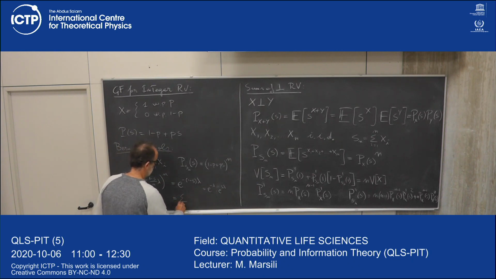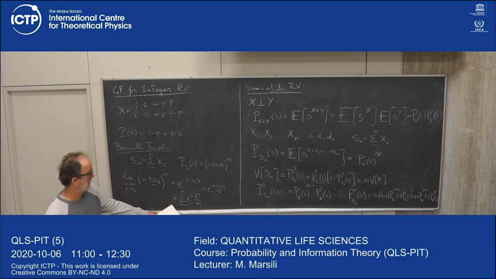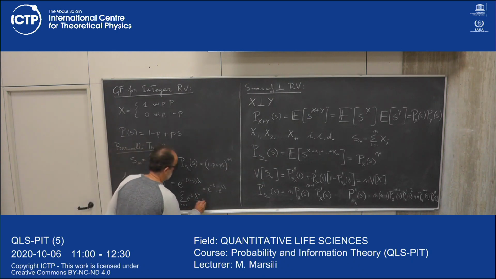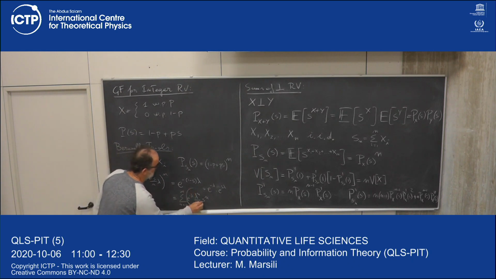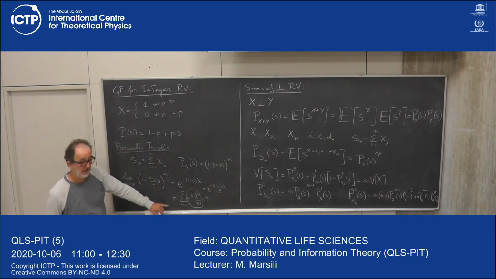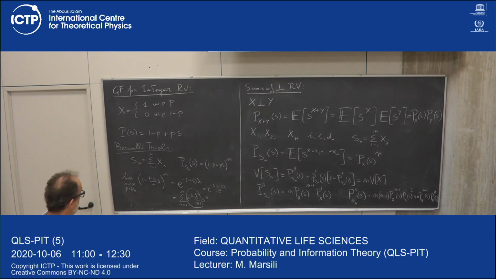This is just the sum over n from 0 to infinity of e to the minus lambda times lambda to the n divided by n factorial, times s to the n. And this coefficient here is precisely the Poisson distribution.